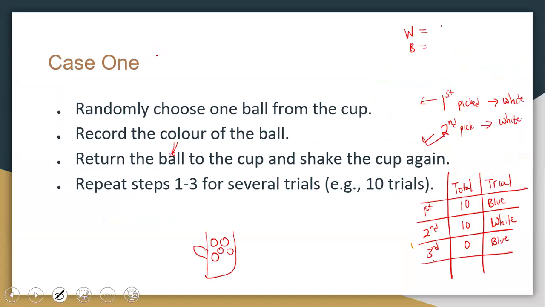What do you need to notice? That your total sample space remains the same, doesn't change. For case one, the total remained 10, 10, 10. It did not change at all. So whenever they tell you that the ball is placed back, returned, or replaced, it means that the sample space does not change.